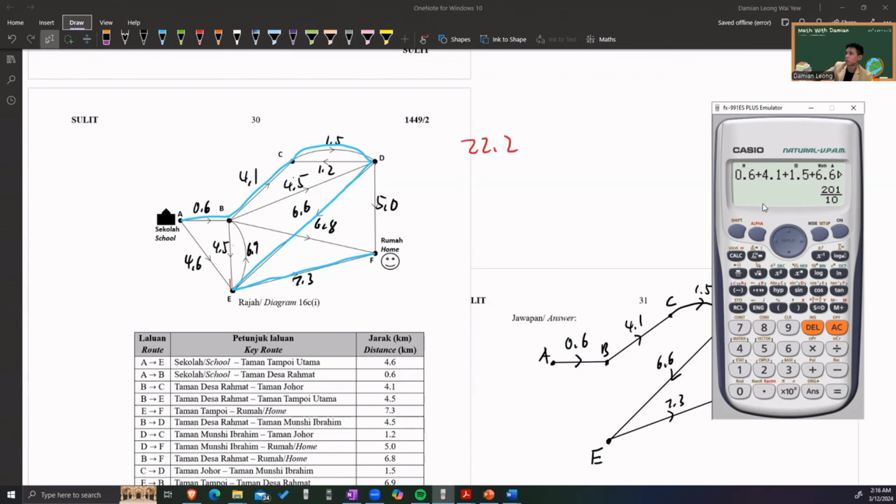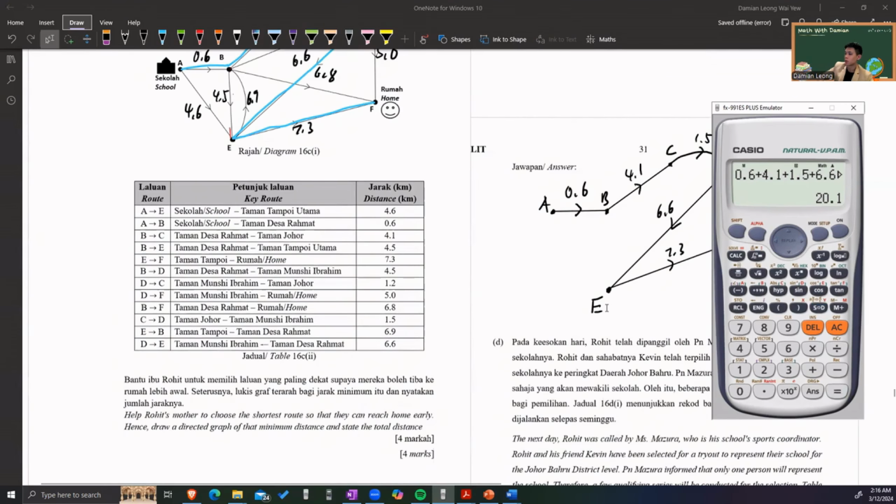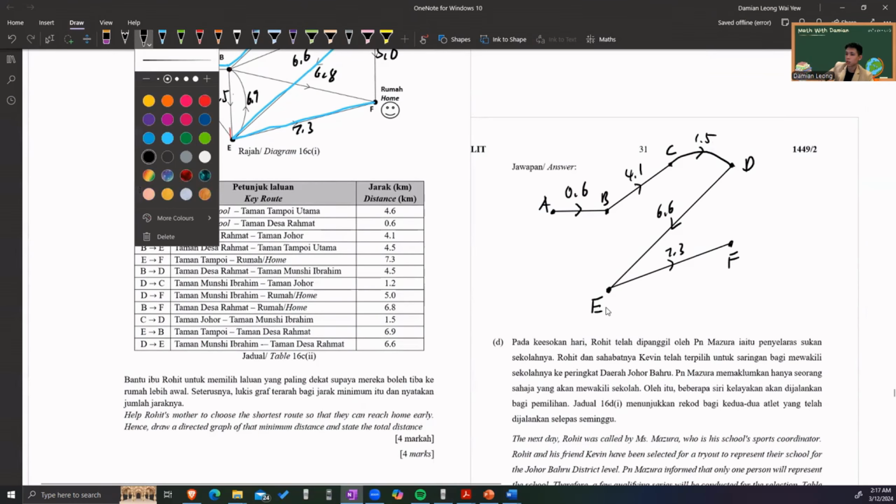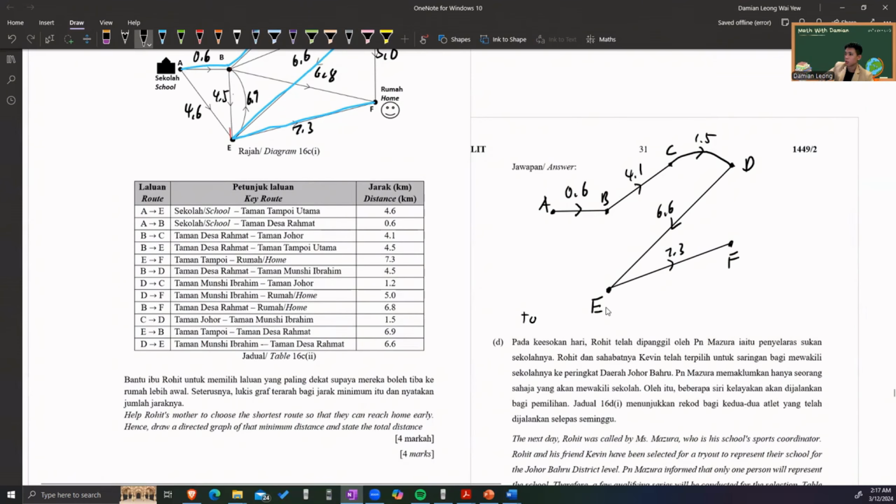So that means the total distance is 0.6, 4.1, 1.5, 6.6, 7.3, which gives us 20.1 km.